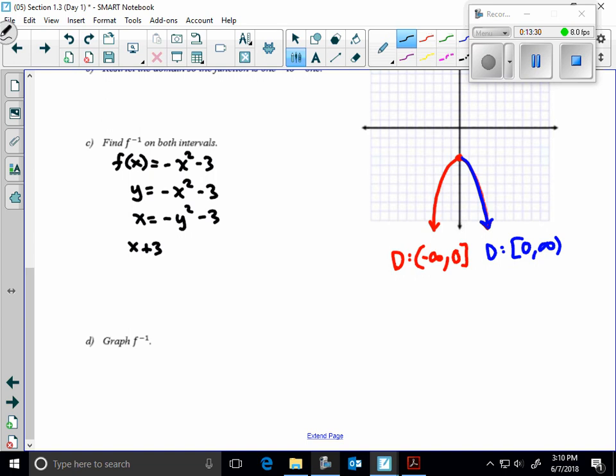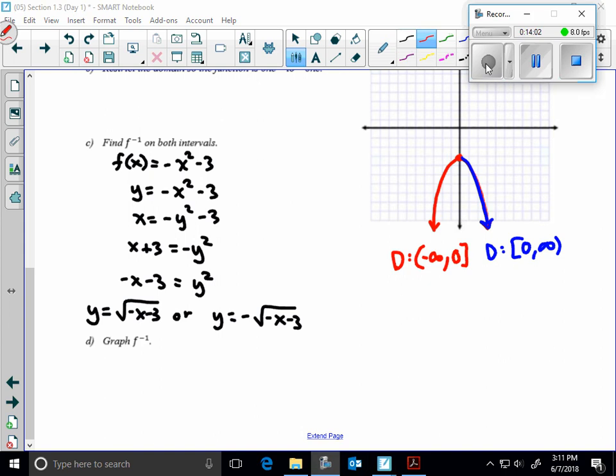Let's do this. Okay, then we'll do this. And then what we're going to get out of this is 2 possible equations for y. So y will either equal the square root of -x minus 3, or y will equal negative square root of -x minus 3.